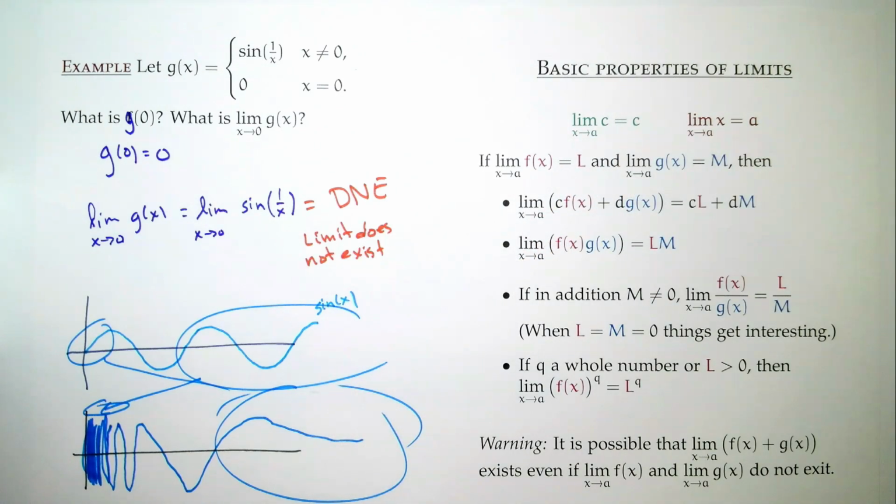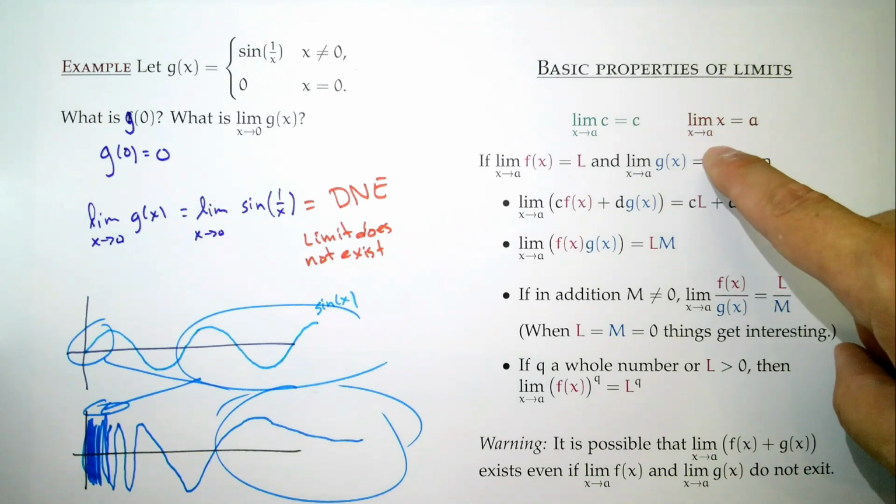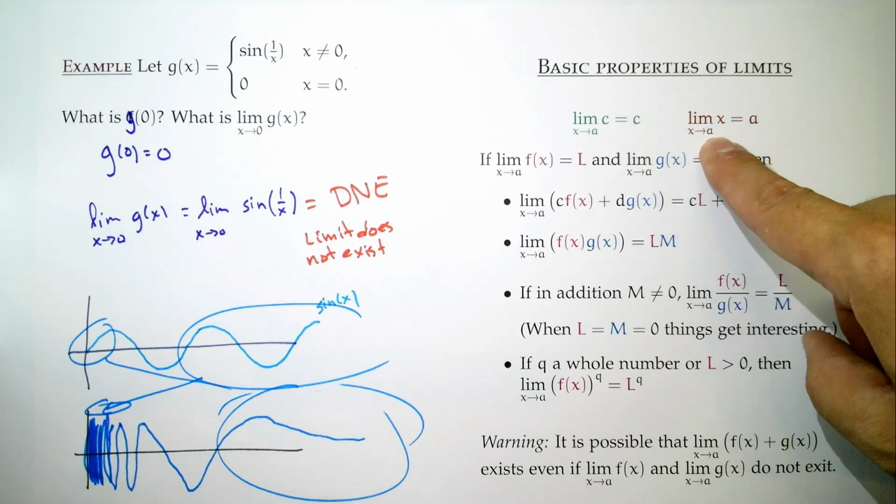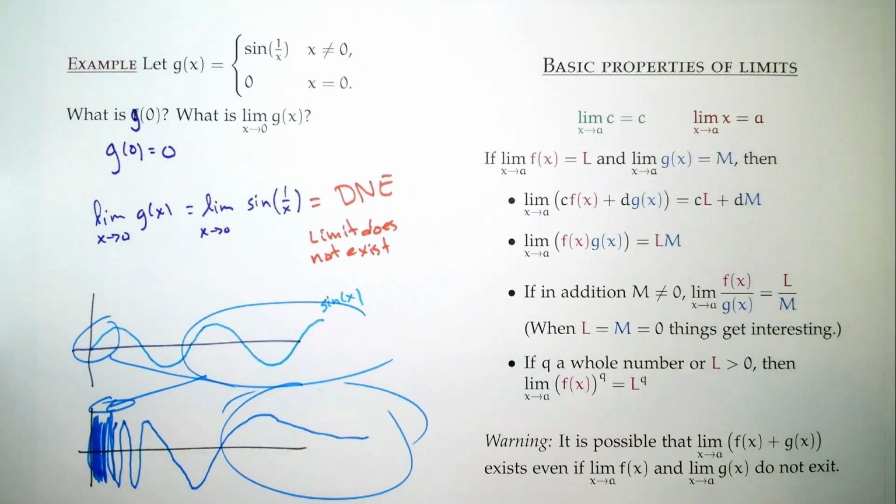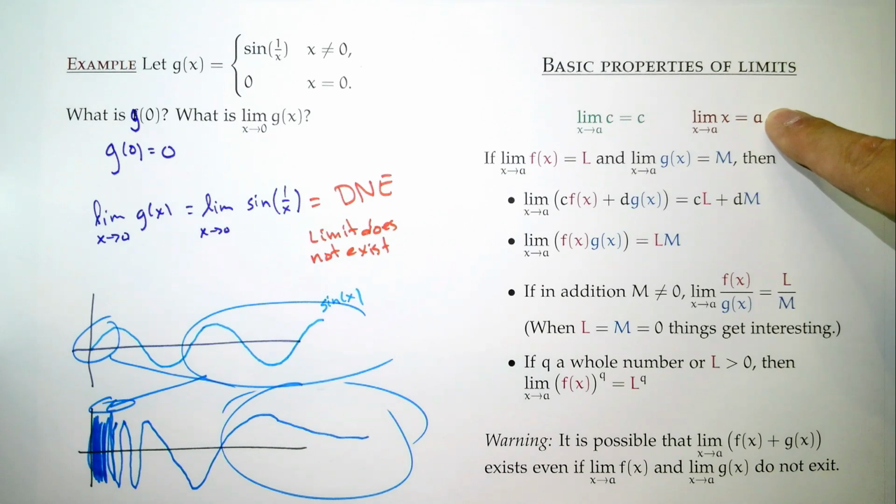Now the second statement here looks more sophisticated until you say it out loud. This says, as x gets close to a, x gets close to a, which everybody agrees on. Okay, so that's great. Now the rest of these sound pretty straightforward, and they're not so bad, but they're not trivial.